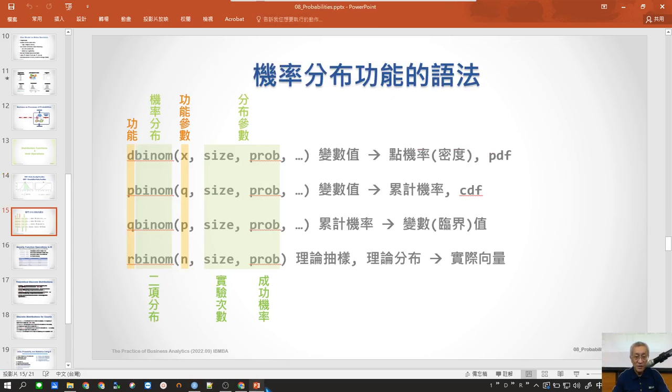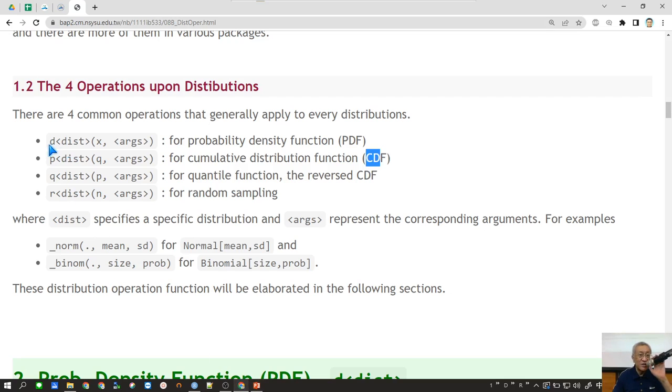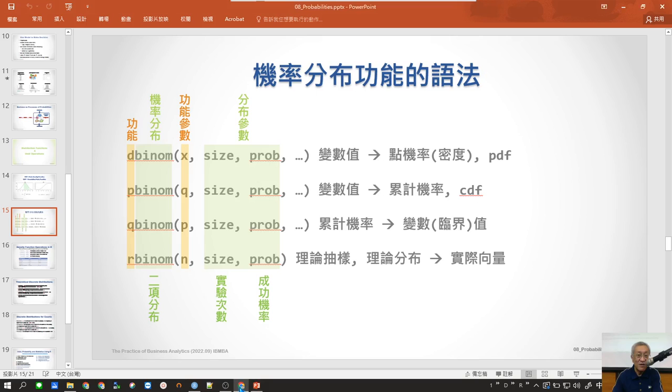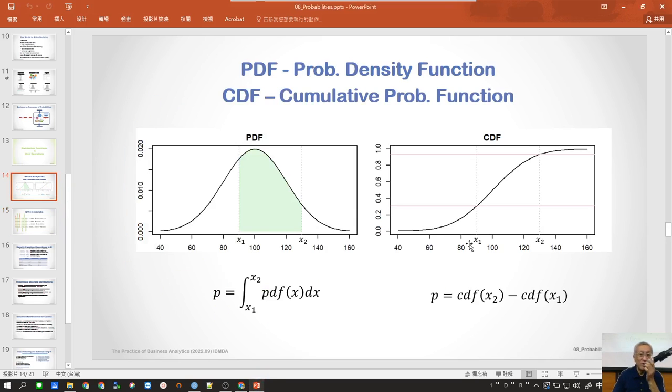So these are the D function and the P function, and the Q function is the reverse CDF. Sometimes given X, you want to know the probability, and that is the CDF.